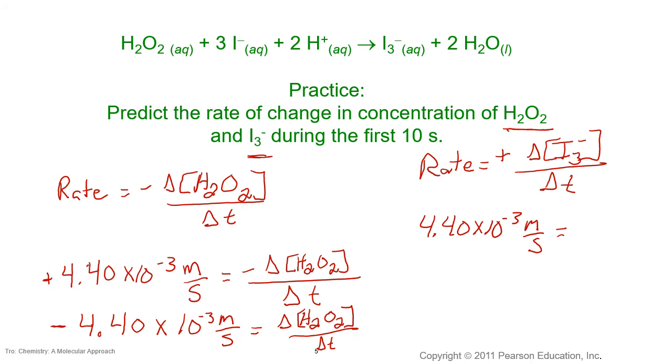We don't have to move any negative signs, so that is equal to the production of our I3 minus. So we have found our two rates. Our hydrogen peroxide is negative because it's a reactant, and our I3 minus is positive because it is a product.